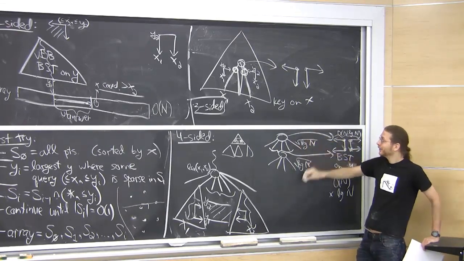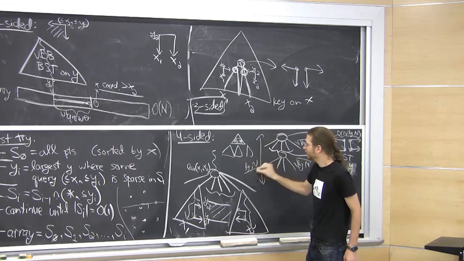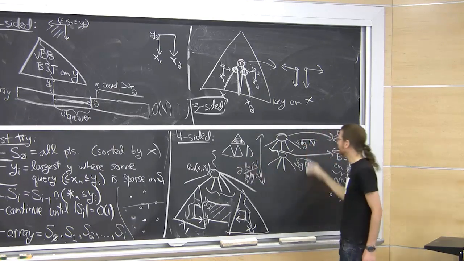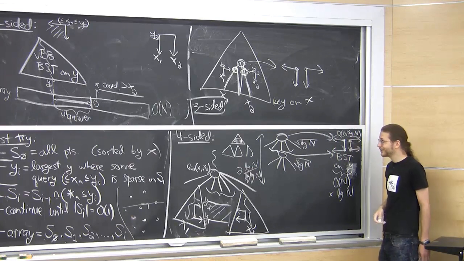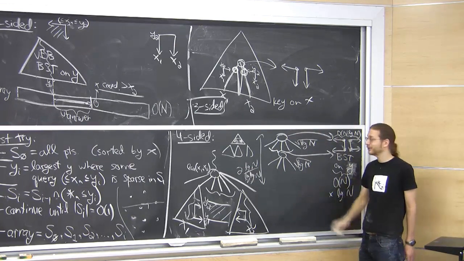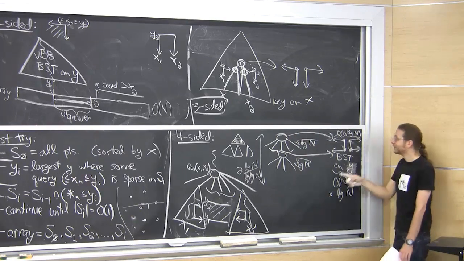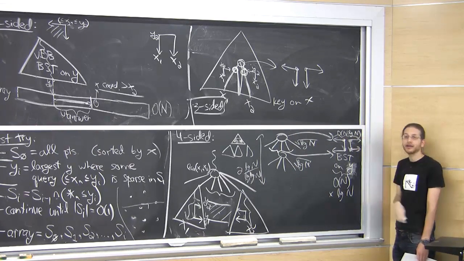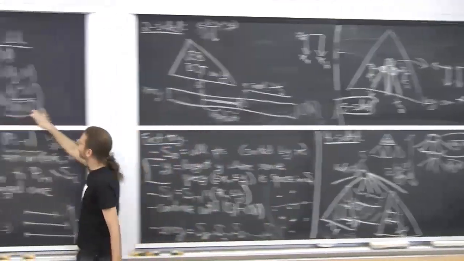But now, the height of my tree is merely log n over log log n, with a factor 2 out here because I have a square root. So the tree has height log n over log log n, so each point only appears in log n over log log n structures. Each of them needs a structure of size n log n, so we end up with n log squared n over log log n space.